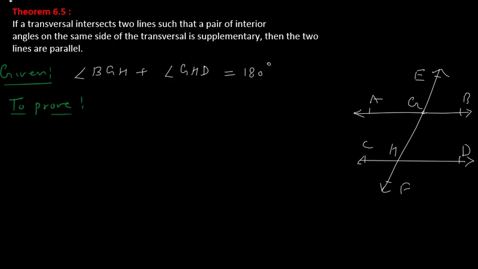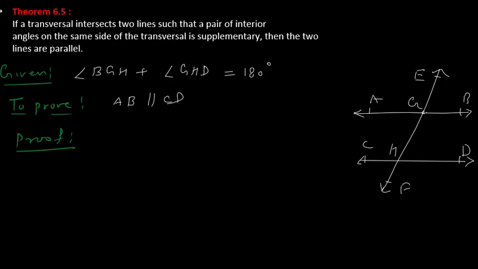You have to prove that if interior angles are supplementary, then lines are parallel, that is AB is parallel to CD. So how do we prove? Let us see the proof.